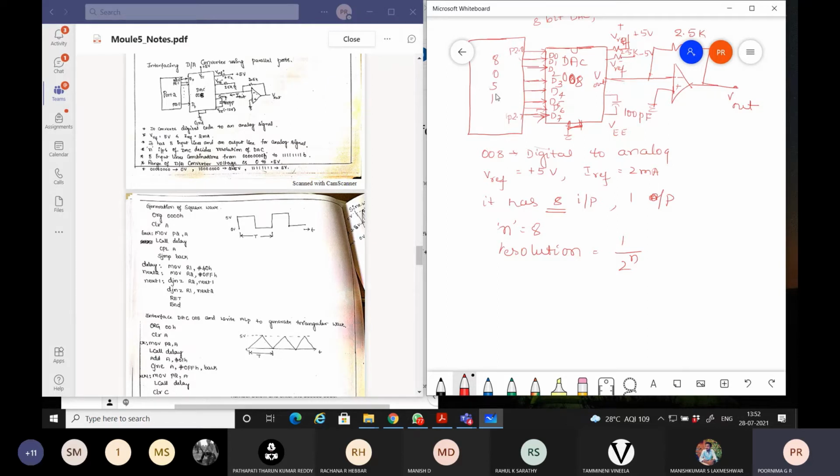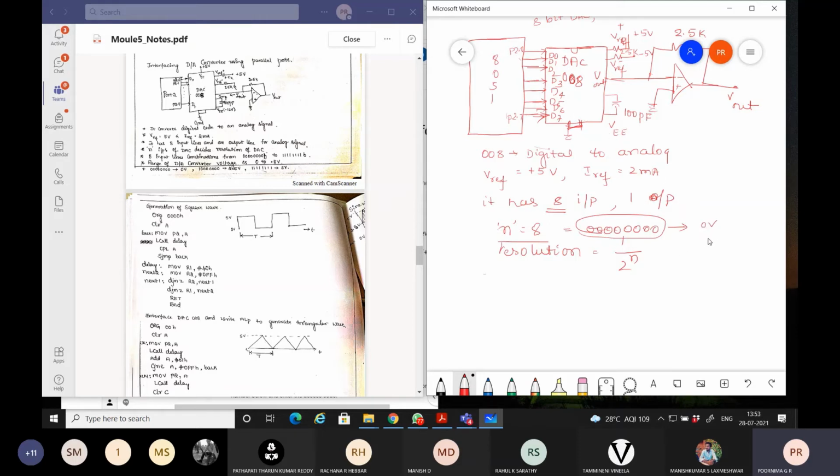So what is the minimum change in the 8051 input that can occur? Since it is 8 pins, the minimum input is 00000000. Until this 00 is fed from 8051 port 2 to the DAC, the output will be 0 volts.